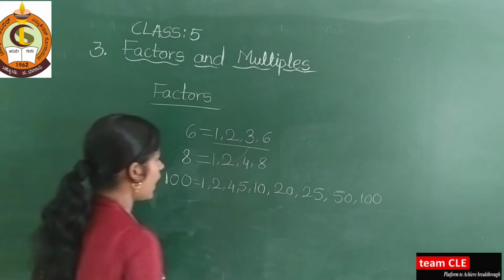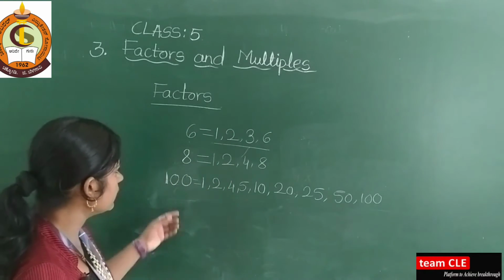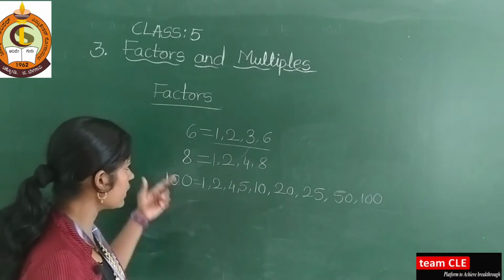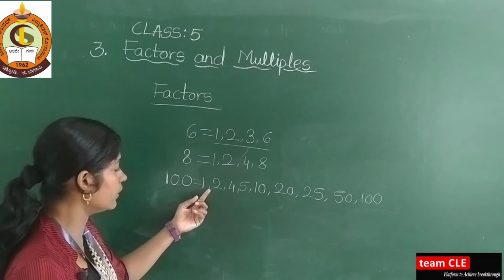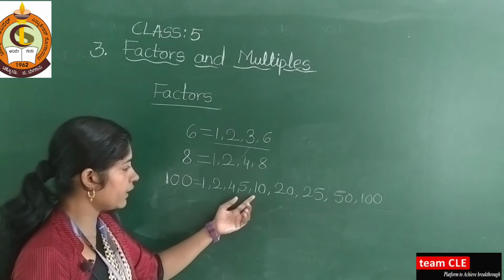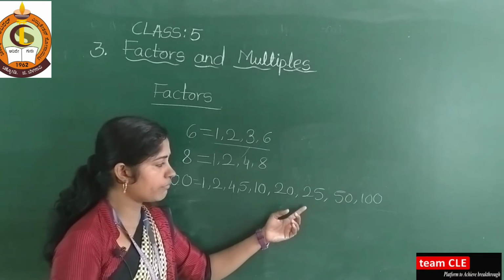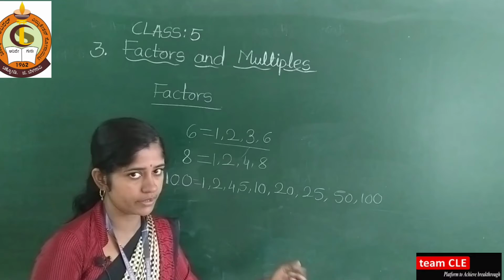So here I found the factors for 6, 8 and 100. The factors of 100 are 1, 2, 4, 5, 10, 20, 25, 50 and 100.